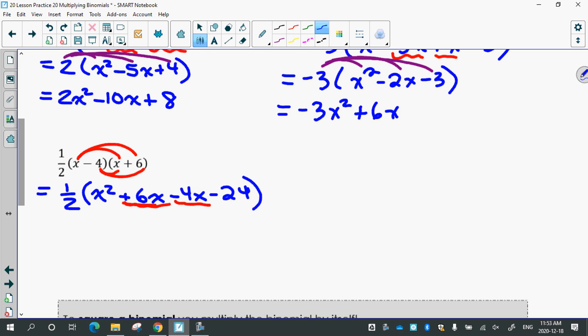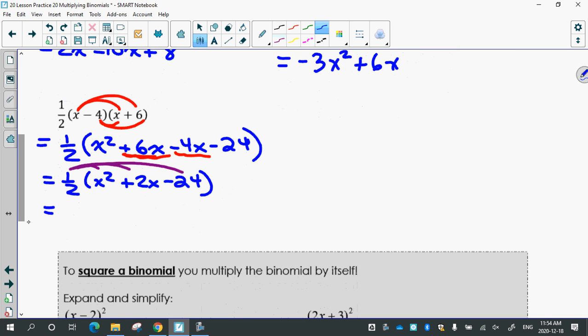Like terms. Positive 2x because it's positive 6 minus 4. Distribute. So half times x squared is just a half x squared, okay?